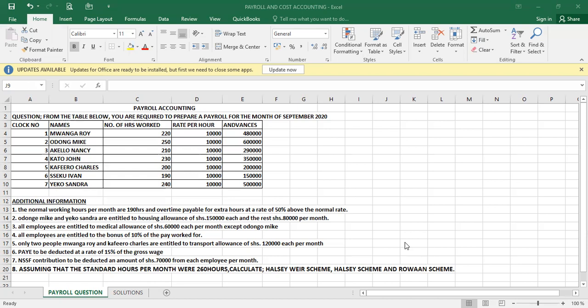They have given us the clock numbers, the names of the employees, the number of workers, the number of hours worked. Here, if you see the number of workers, you expect that they pay by hourly rate, whereby they pay as per the number of hours someone has worked.